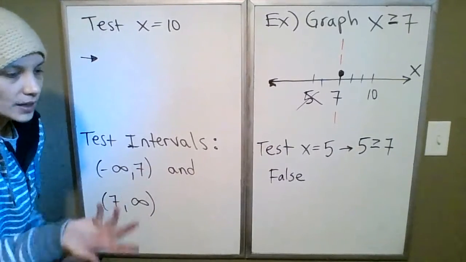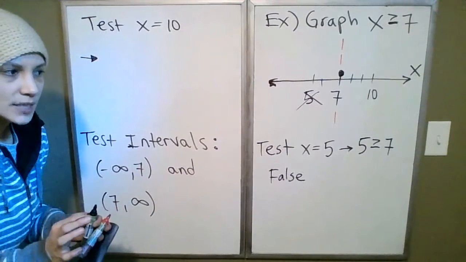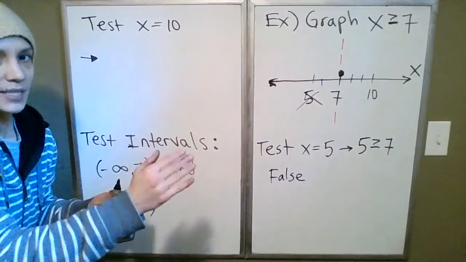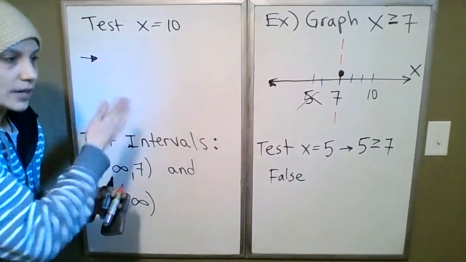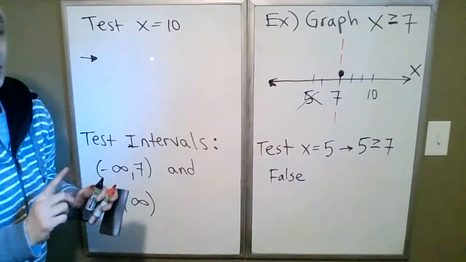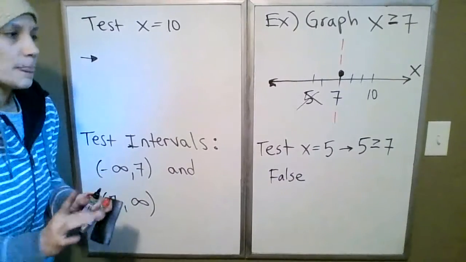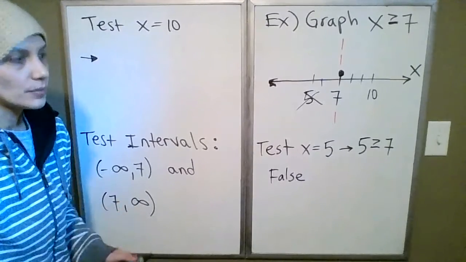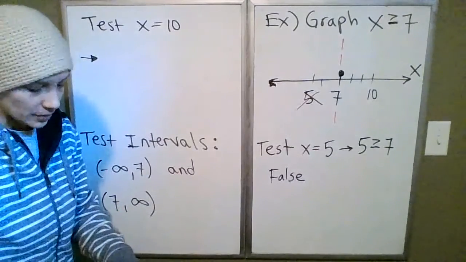So you don't have to use just 1 test point. If you wanted to feel extra confident, test a couple points and then start to sketch out the solution section, where, again, you still shade over solutions, values that make your inequality true. And if it's not a solution, you don't shade over it.